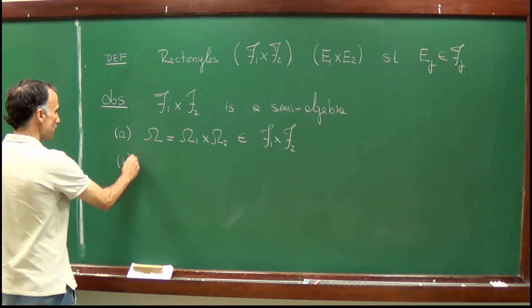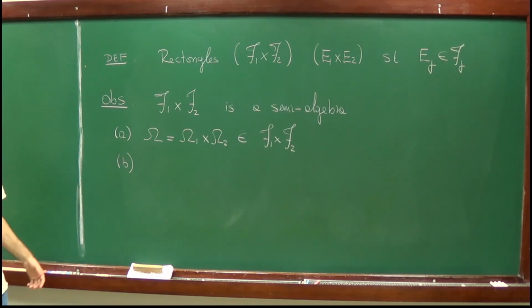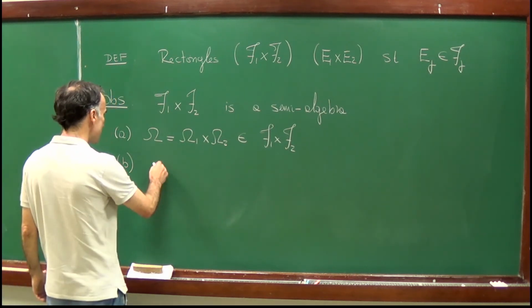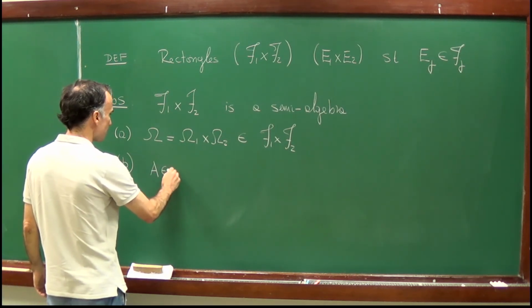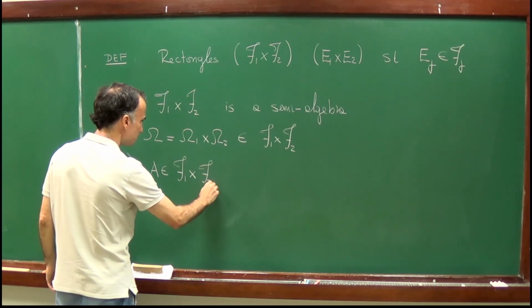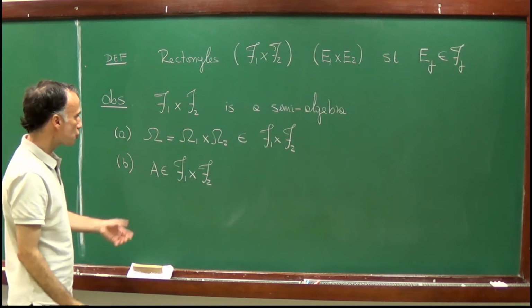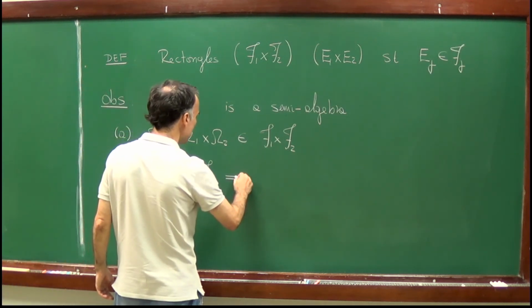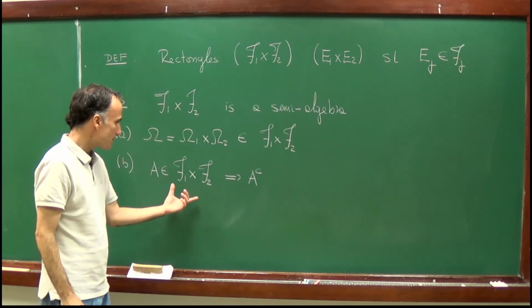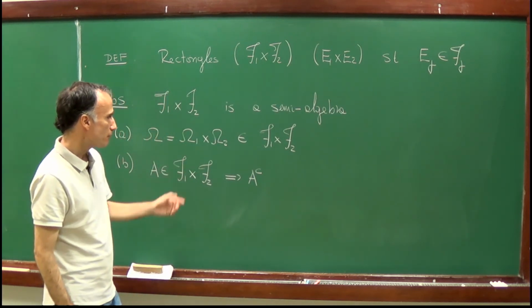Then I have to prove the second property of the semi-algebra, which is, well, assume that A is a set in F1 times F2, and I have to show that the complement of A can be written as a finite union of rectangles.